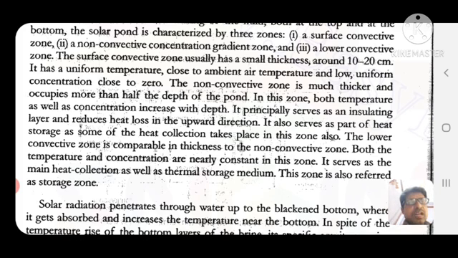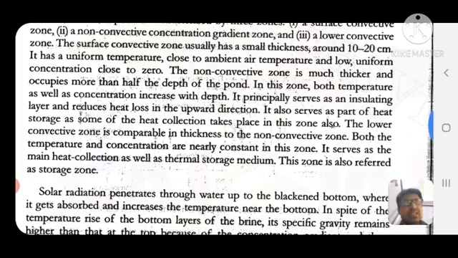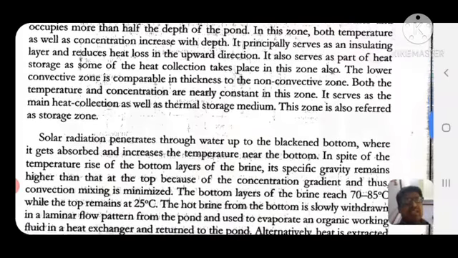It also serves as a part of heat storage, as some of the heat collection takes place in this zone also. The lower convective zone is comparable in thickness to the non-convective zone. Both the temperature and concentration are nearly constant in this zone.